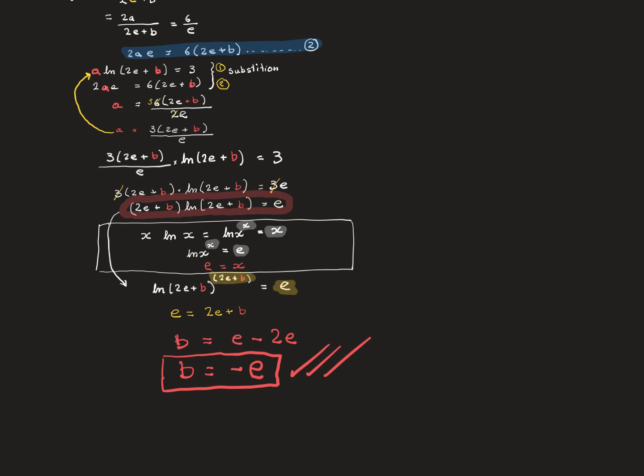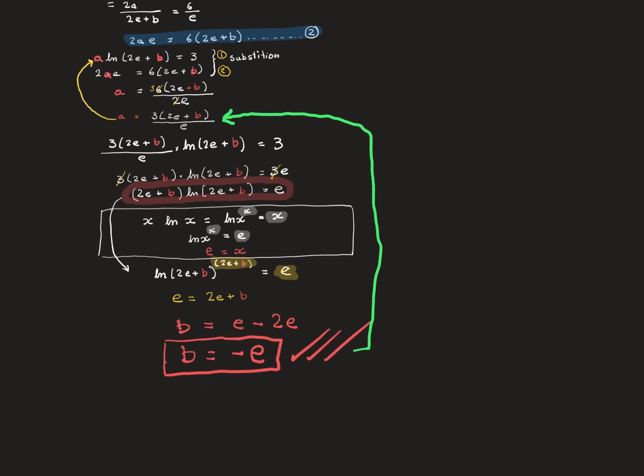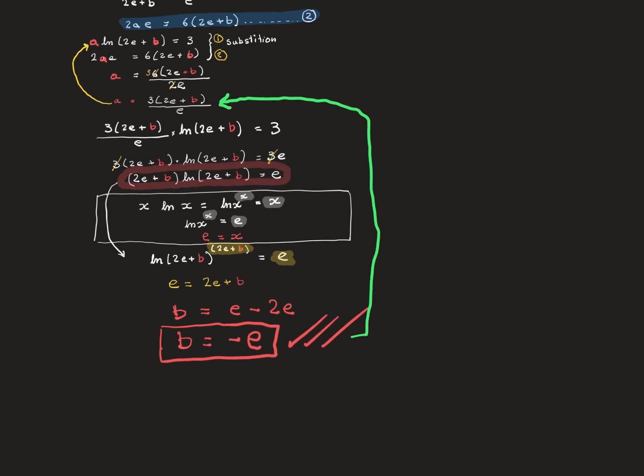I look above and I see which equation I would like to use. Any equation that's going to be the simplest equation will be the best equation. I go up and I'm searching and I look, wow, that looks like a really easy equation to find a for. So let's just substitute b in there.